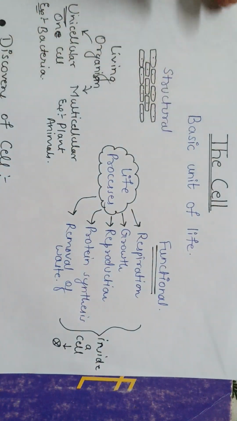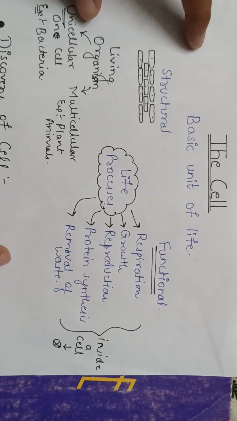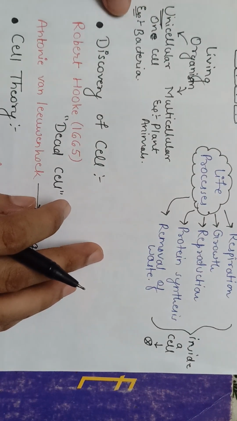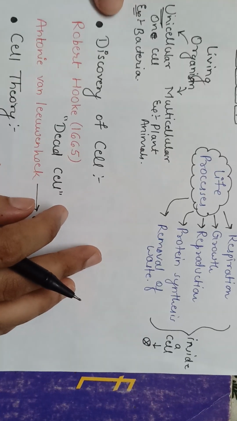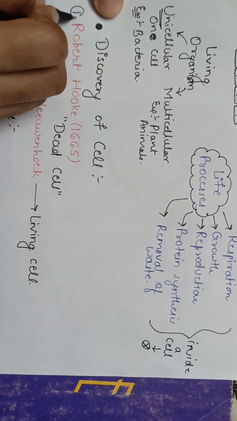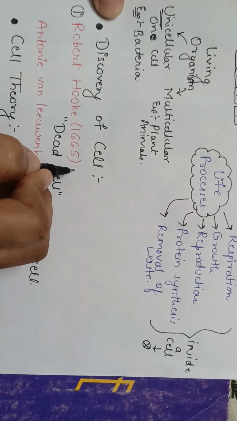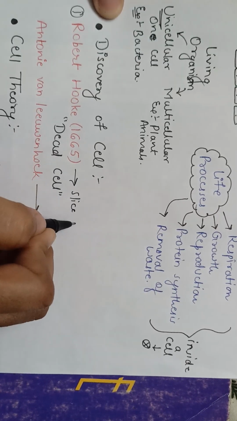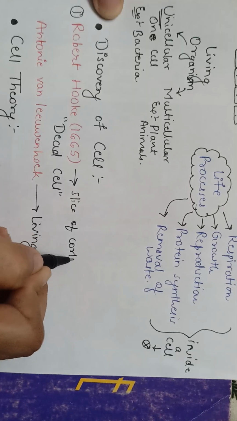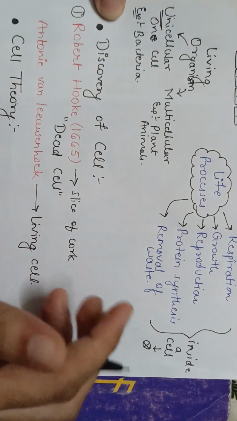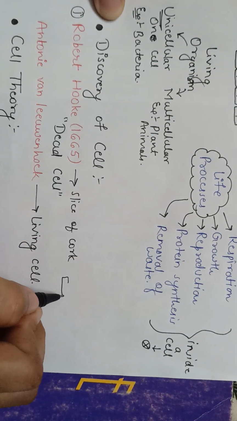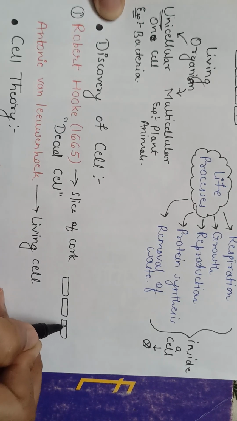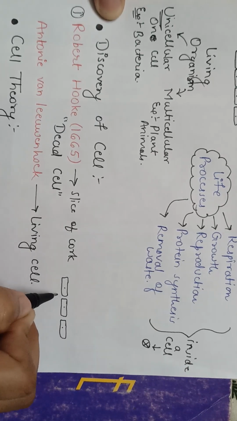Okay? So let us see about the discovery of cells. The first scientist who discovered the cell was Robert Hooke. In the year 1665, he took a thin slice of cork and observed small compartment-like structures, small room-like structures, and he named them cells.